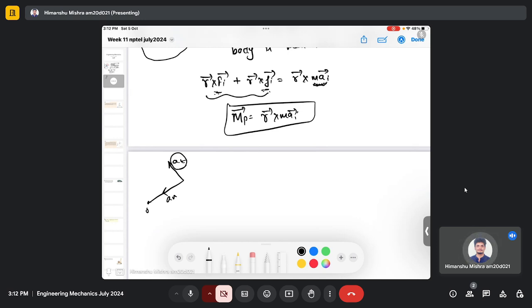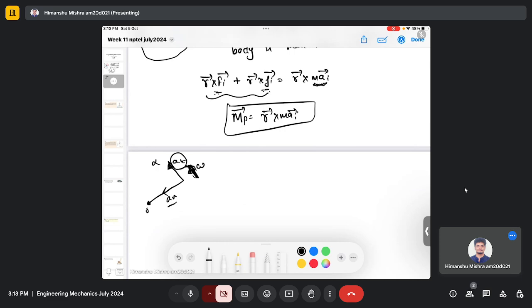The tangential acceleration is toward the direction of angular acceleration. So if this is the direction of a_t, then my angular acceleration should be in the same direction, whereas the normal acceleration should be directed toward point O, while the body is rotating with an angular velocity omega in this direction, right?